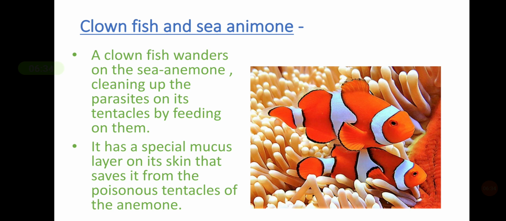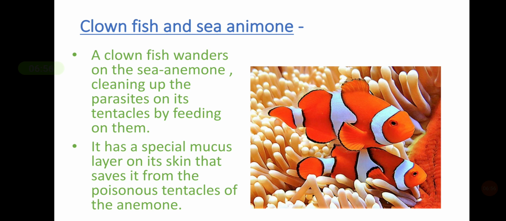So in this way the clownfish gets protection from the sea anemone and the other predators, because the sea anemone's tentacles are poisonous, so other predator animals don't come closer, and the clownfish finds its protection in the sea anemone.